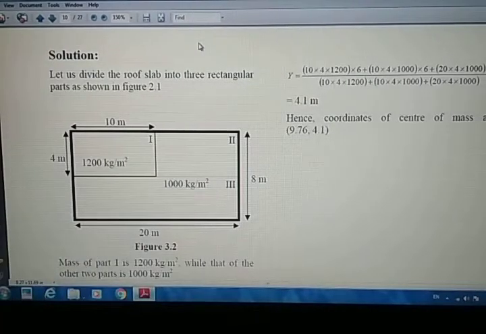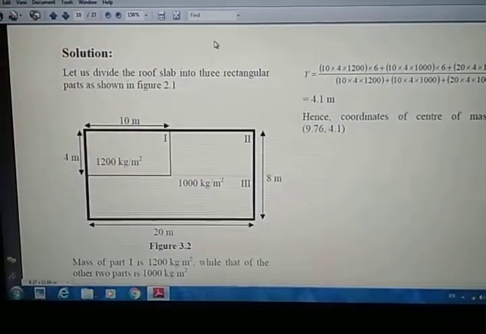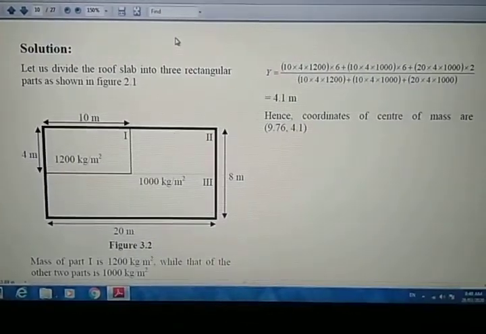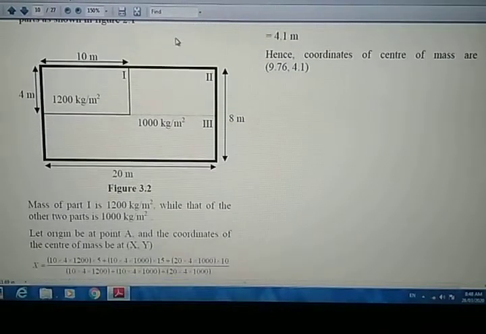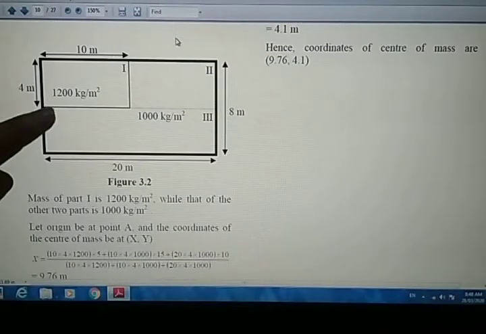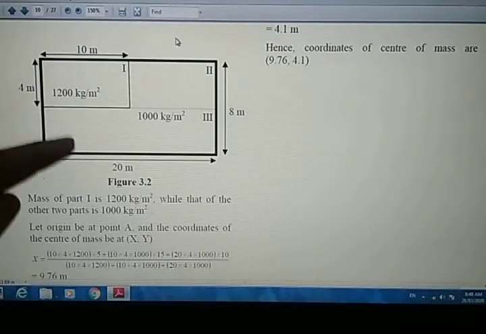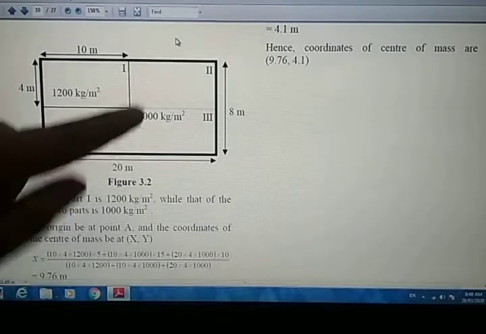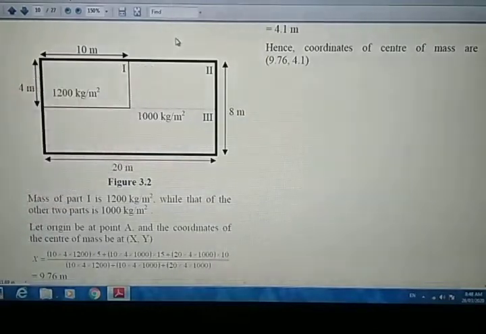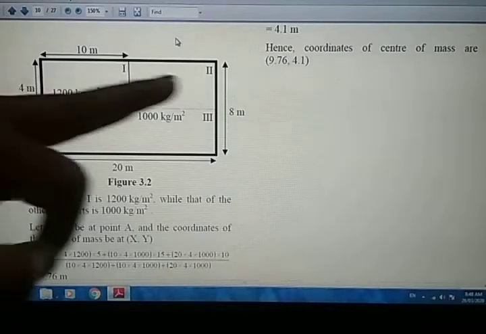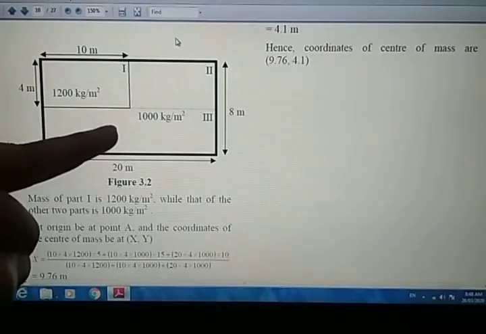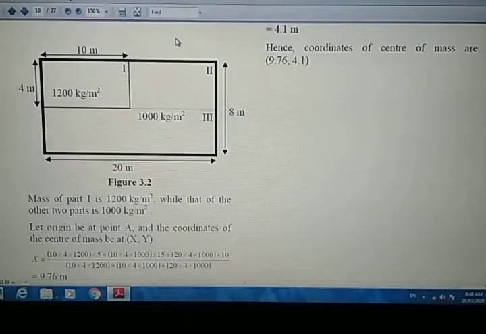The mass of this first part is 1200 kilogram per meter square, and another part is 1000 kilogram per meter square, either this part or this part. So we have converted this overall section into three parts: first is this, second is this, and third is this.